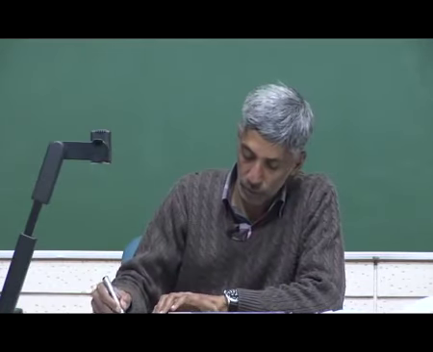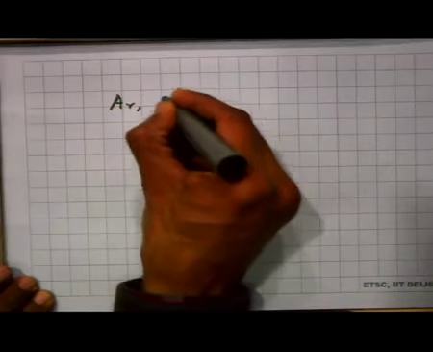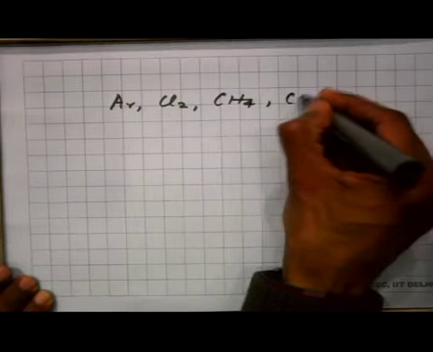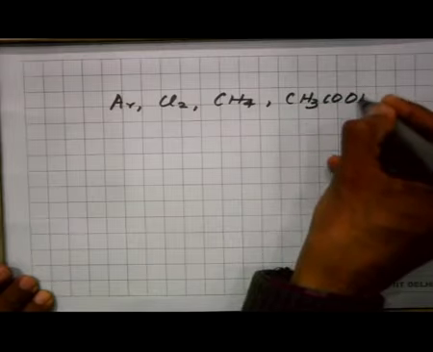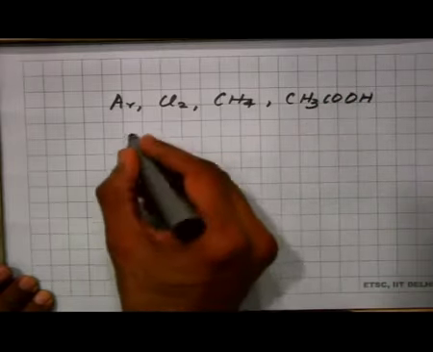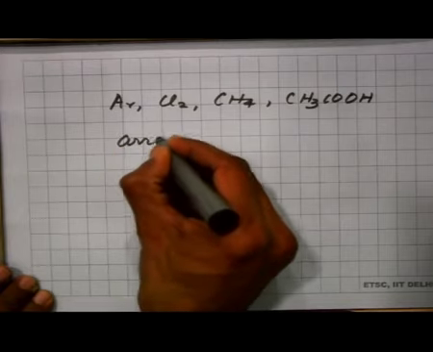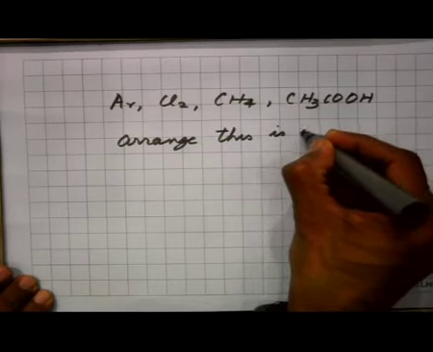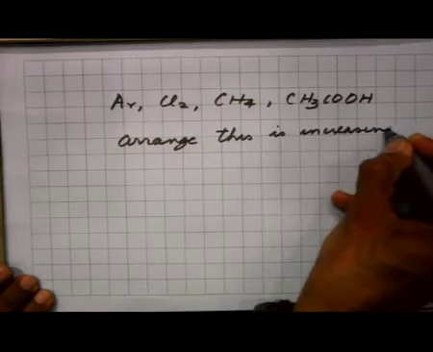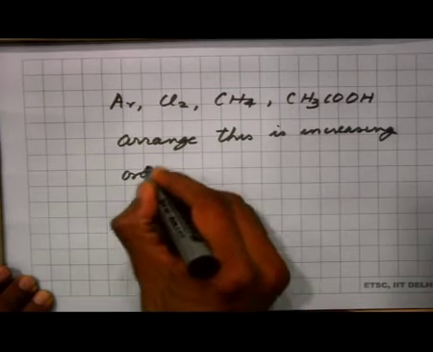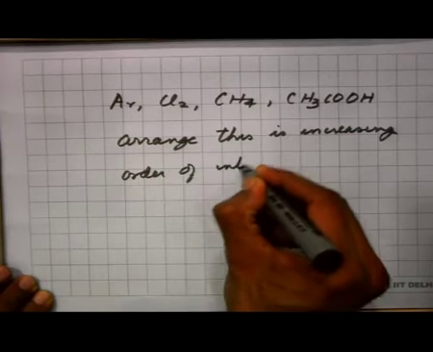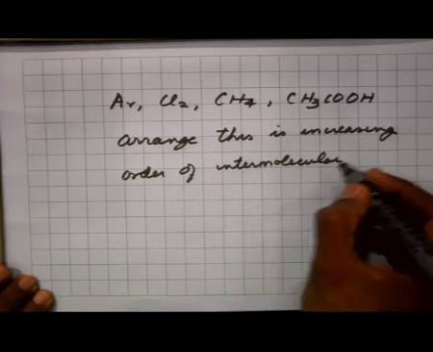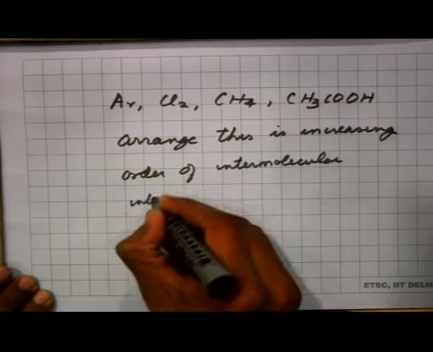Here are 4 substances: argon, chlorine, methane and acetic acid, and we would like to arrange this in increasing order of intermolecular interactions.